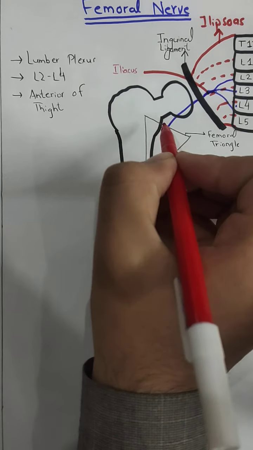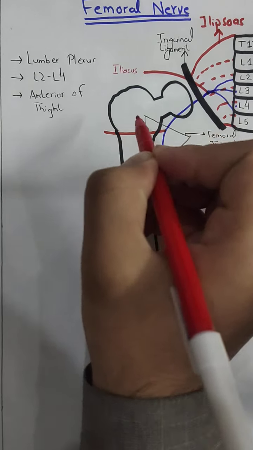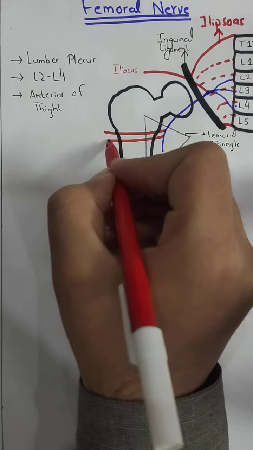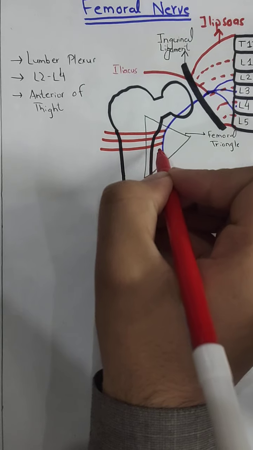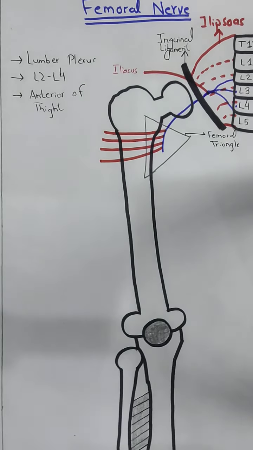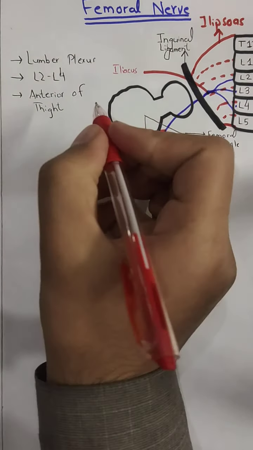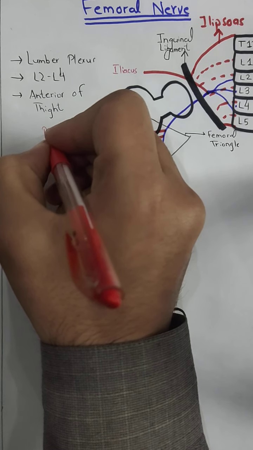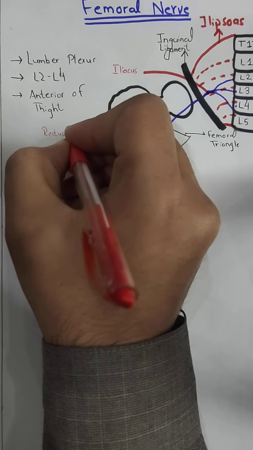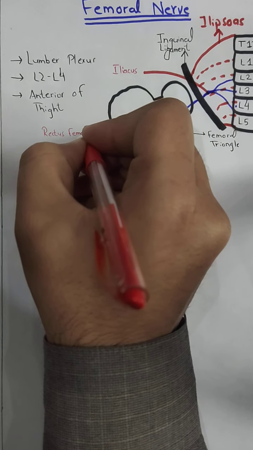the rectus femoris, the vastus lateralis, the vastus medialis, and the vastus intermedius muscle. Now we will label these one by one. This was the rectus femoris muscle.